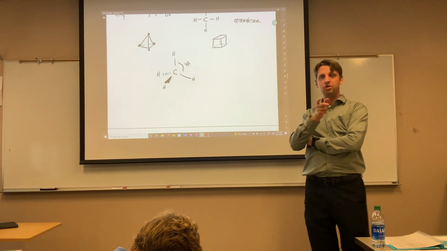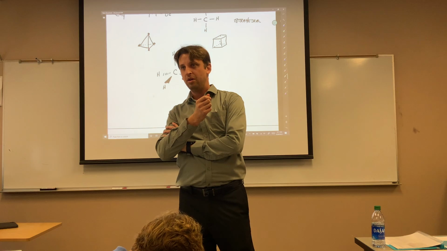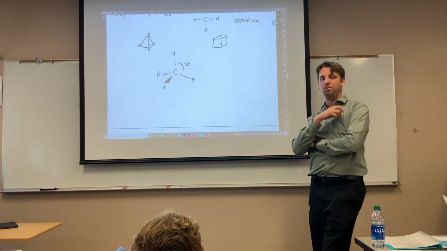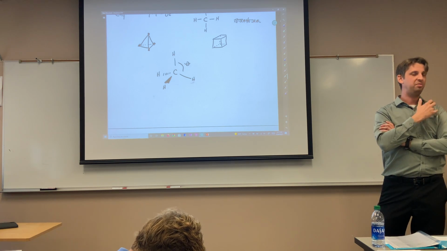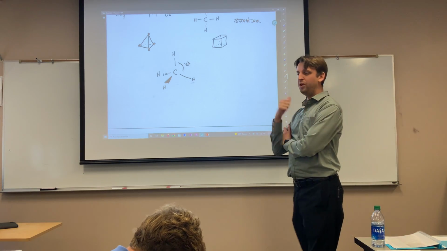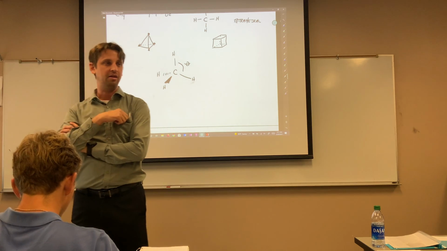So when we are drawing things, and we're going to be drawing things a lot, we want to make sure that we draw them as close as to what the actual representation of that molecule is. As close as reasonably possible. So we're going to learn a new way to draw things in organic chemistry. But if we have a 109 degree bond angle, we try and represent it as best as we can.